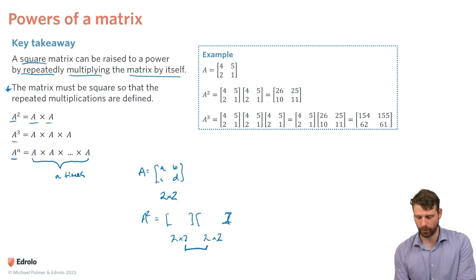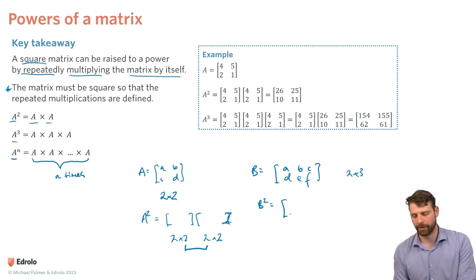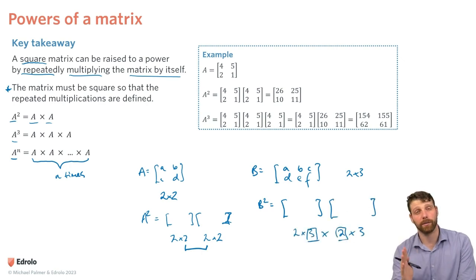If I take another example, a different matrix, let's say I've got a 2 by 3. So there's our 2 by 3 matrix. If I try and do B squared, this would be a 2 by 3 times a 2 by 3. And that doesn't work because the insides don't match. The number of columns in the first matrix isn't equal to the number of rows in the second matrix.